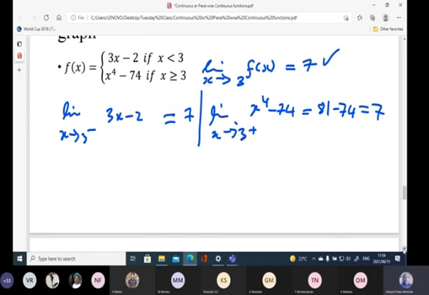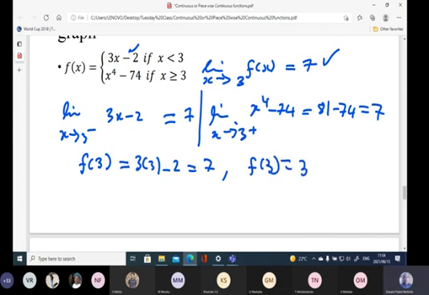Now, if we determine f at 3, we substitute 3 in the first equation: 3 times 3 minus 2, our answer is 7. If we substitute in the second equation, we have 3 to the power 4 minus 74, which is equal to 7.